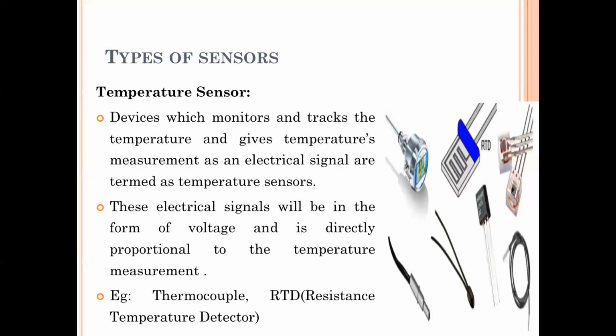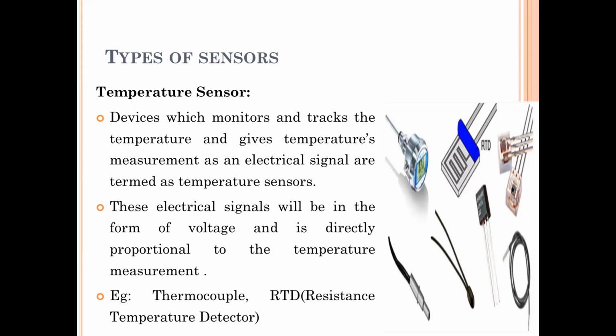Now we will see four or five types of sensors which are most frequently used in IoT based projects. The first one is the temperature sensor. By the name, we can easily infer this is a device which monitors and tracks the temperature. It gives the output in the form of an electrical signal.